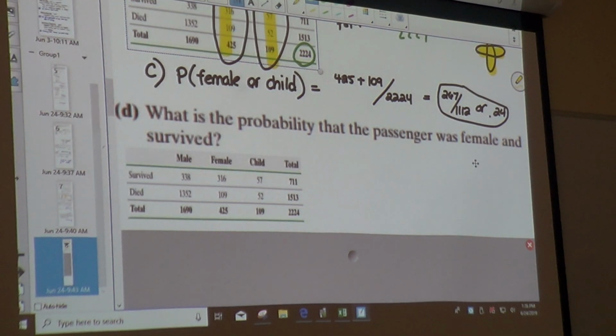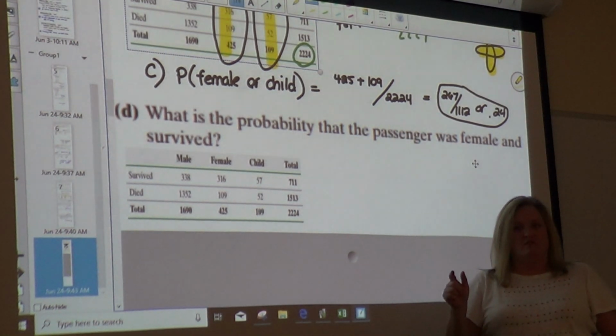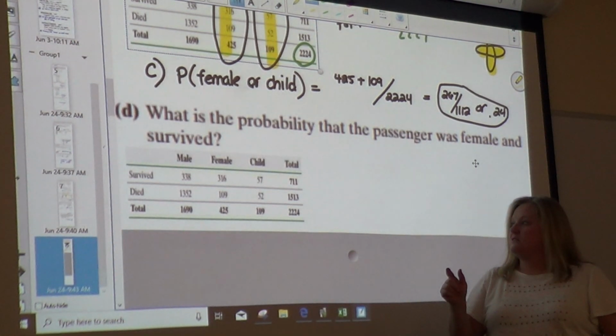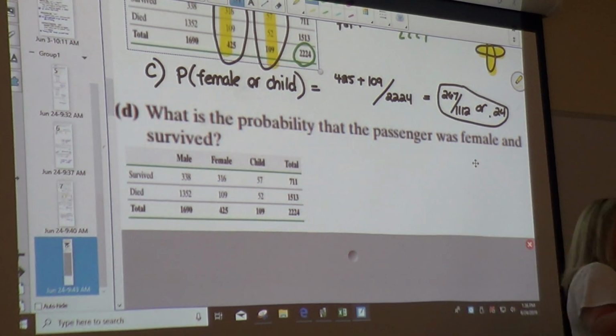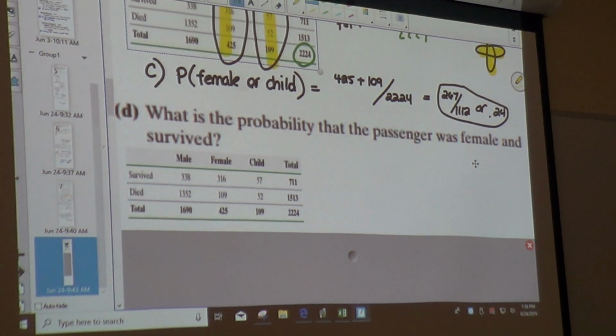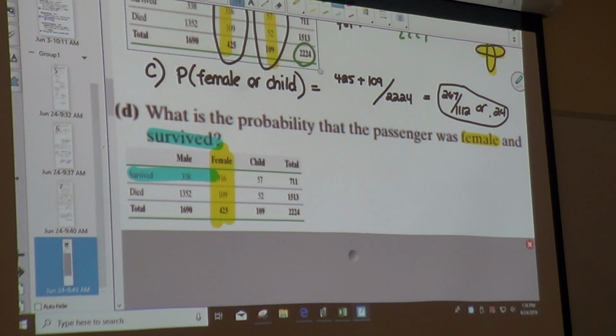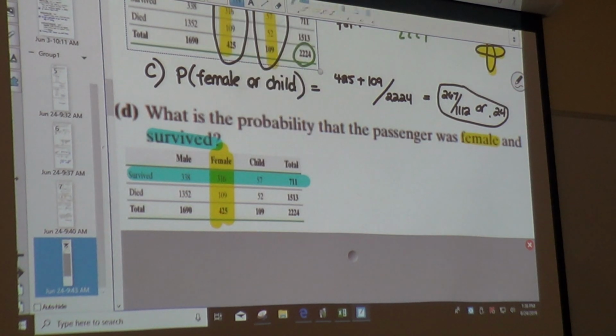What was the probability that the passenger was a female and survived? 316 over 2224. Female survived, and because it has the word and, that means we're looking at the overlap.